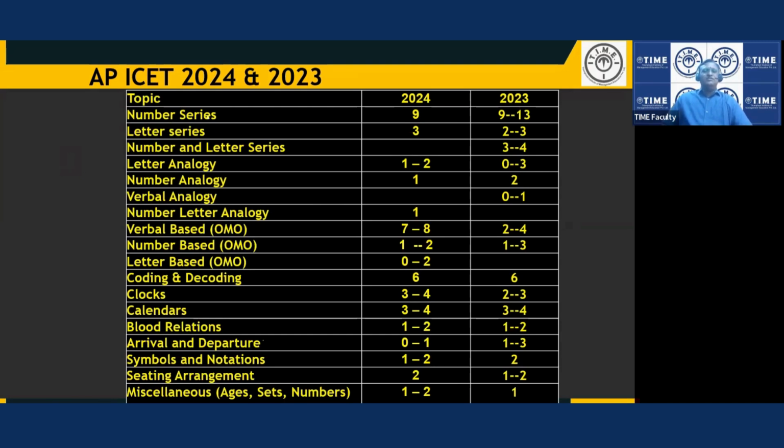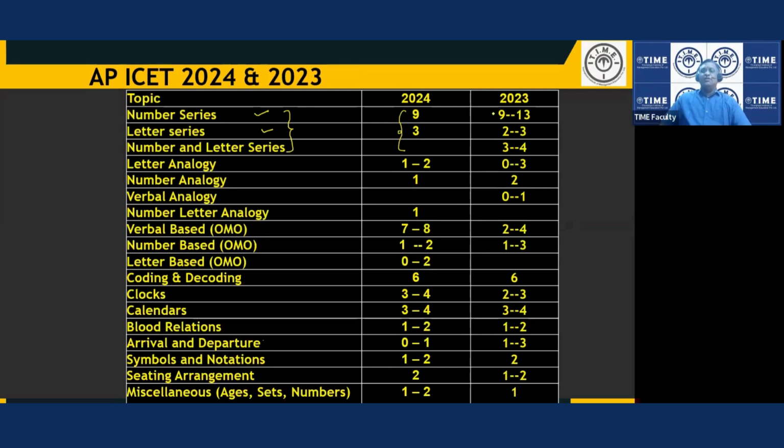First one here: number series, letter series, number and letter series. This is only about numbers, this is only about letters, and this is a mixing of number and letter series. This topic is exercise 1A in your reasoning textbook. So 9 plus 3, that is 12 questions from the topic number and letter series in 2024.